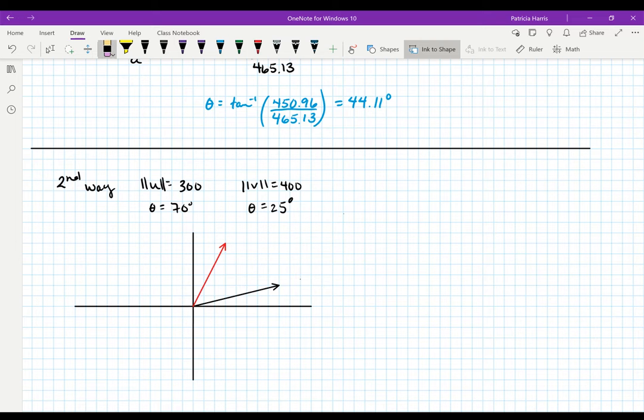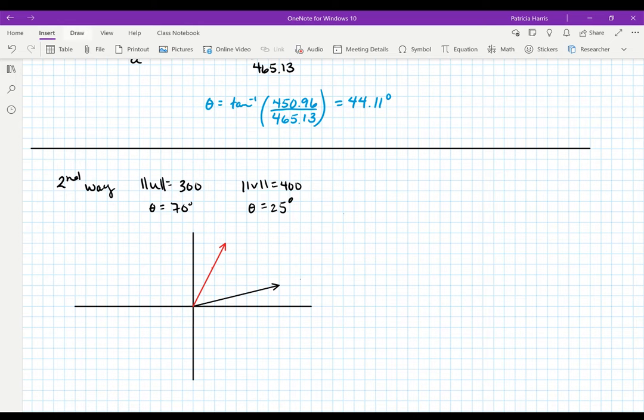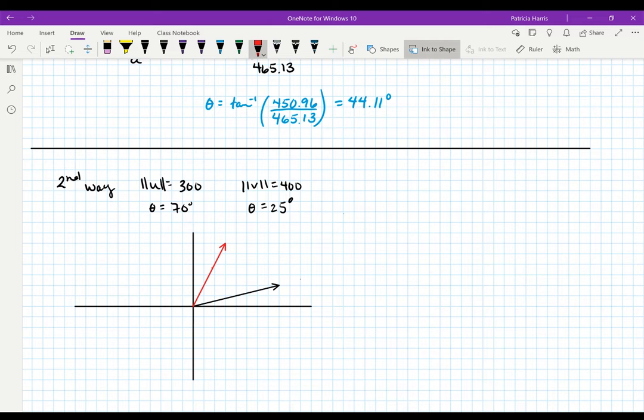Okay, so what we're going to do is use our parallelogram rule, and use our two vectors to draw a parallelogram. Let's see here. So I'm going to replicate this red vector. 1, 2, 3, 4, 5, 6.